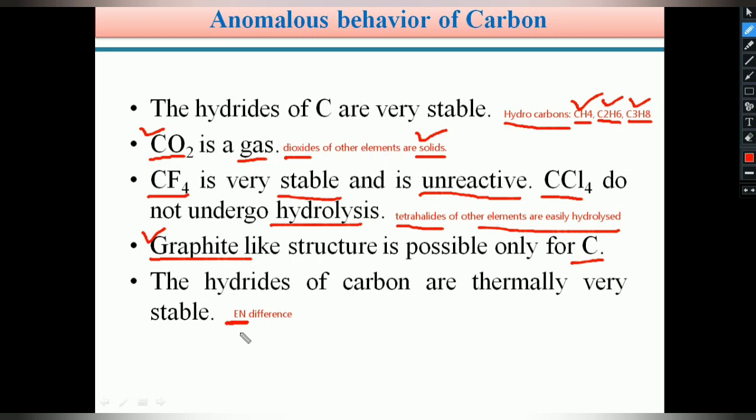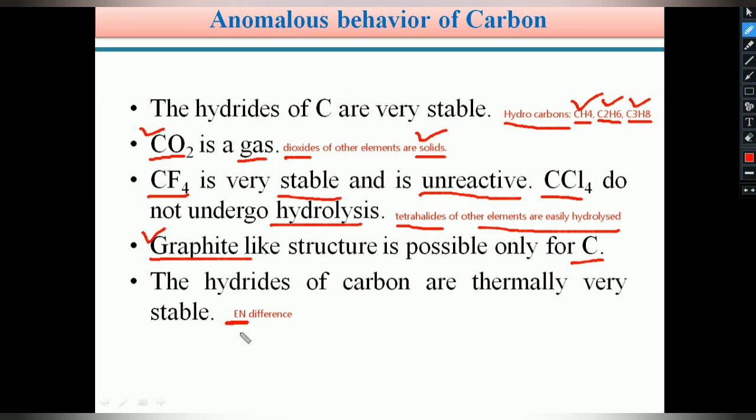But the other elements in the fourth A group, that is silicon, germanium, tin and lead, can form hydrides, but those are highly unstable because of the difference in their electronegativity with the hydrogen atom. Compared with silicon, germanium, tin and lead, hydrogen's electronegativity is highly different, and hydrogen also has a smaller atomic size. As we move down the group from carbon to lead, atomic size increases.